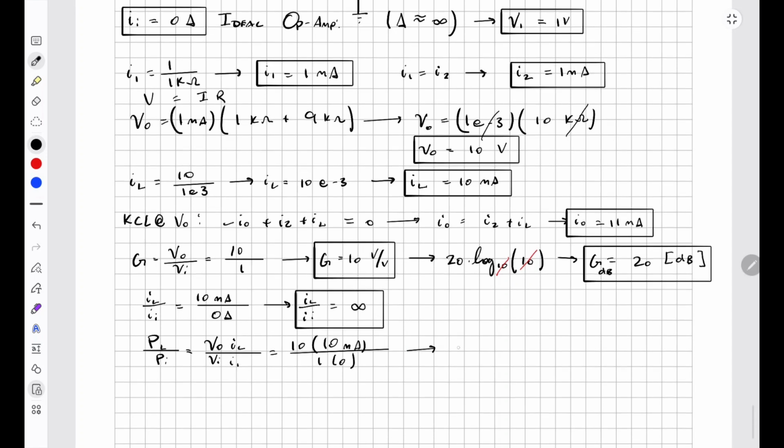So the power gain is equal to infinity, and we also have an ideal op amp, so that is not unexpected.